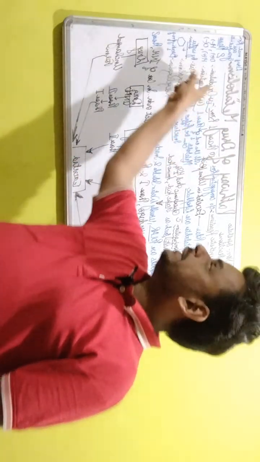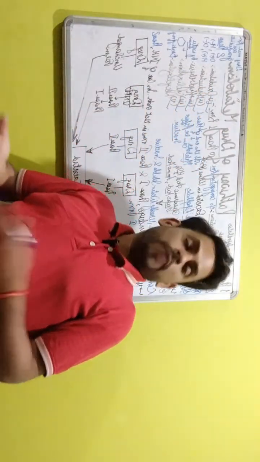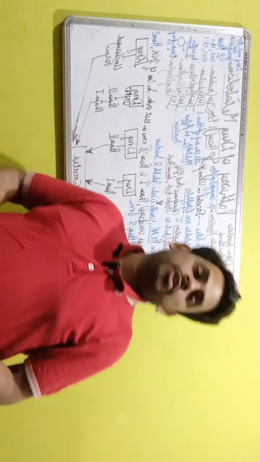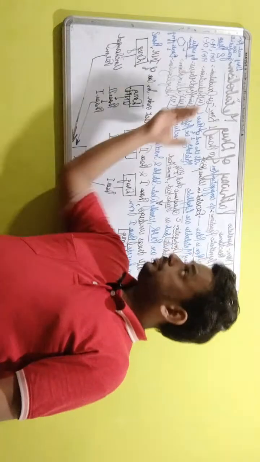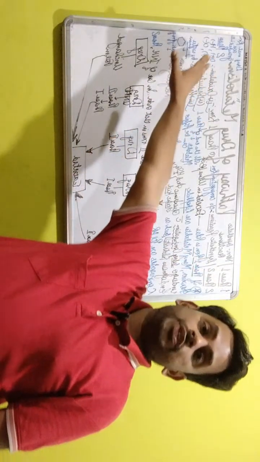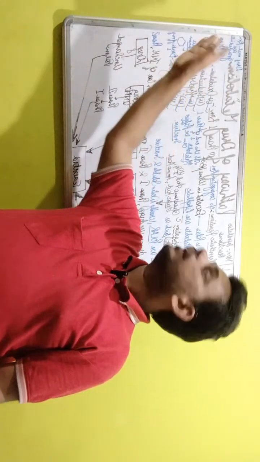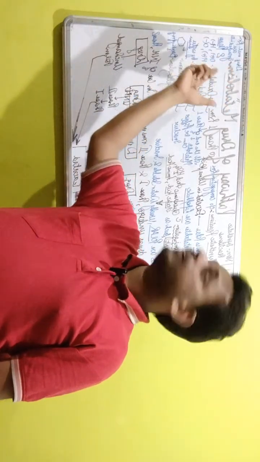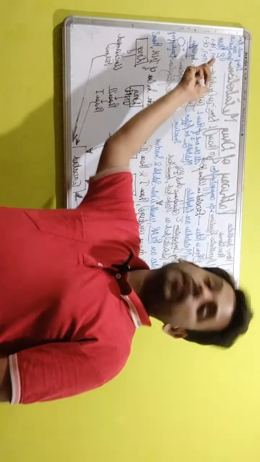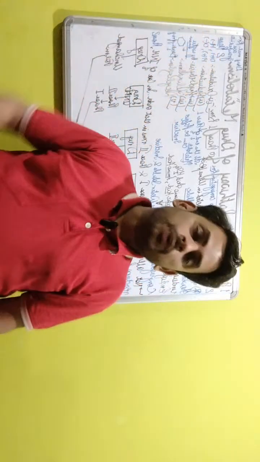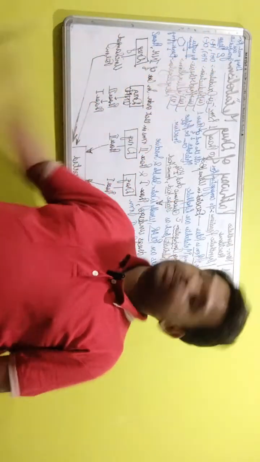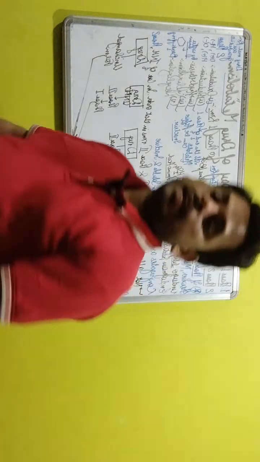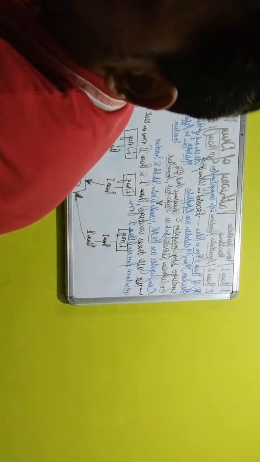Now in oxidation reaction, you all might know that oxidation is the process of addition of oxygen or removal of hydrogen. Most of the drugs undergo the non-synthetic reactions, that is phase 1. Most of the drugs undergo the oxidation reaction where oxygen is added and hydrogen is removed.